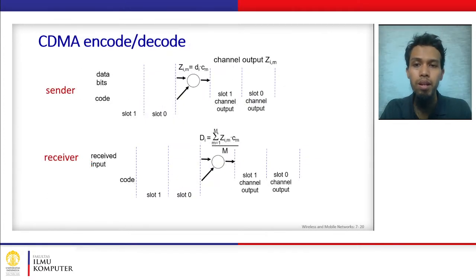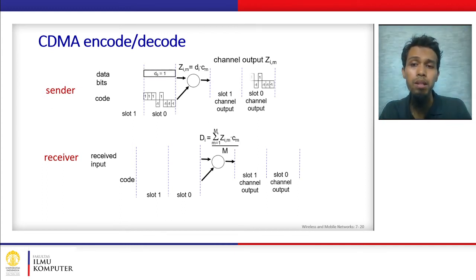Let's directly continue to the example. Now we take the example of one user. Let's say the sender is going to send data bit symbol 1, and it is assigned the chipping sequence 1 1 1 minus 1 1 minus 1 minus 1 minus 1.